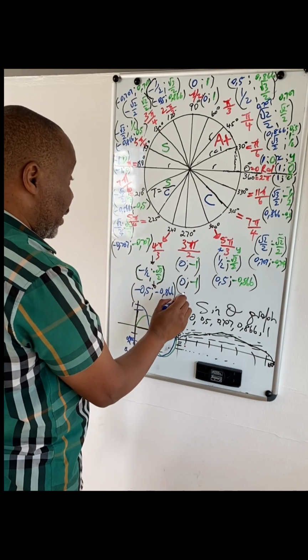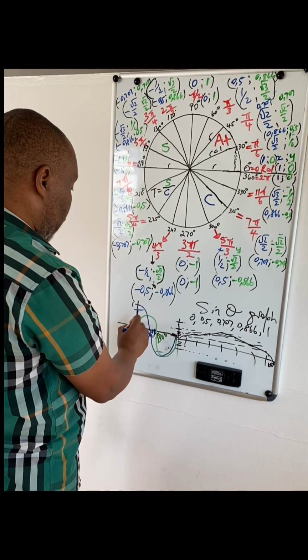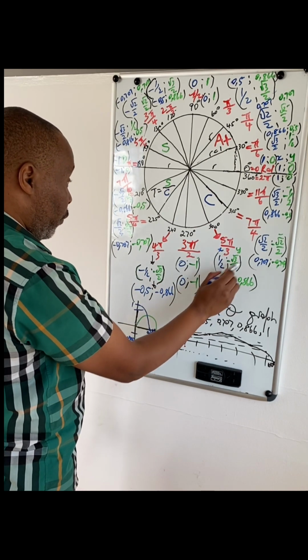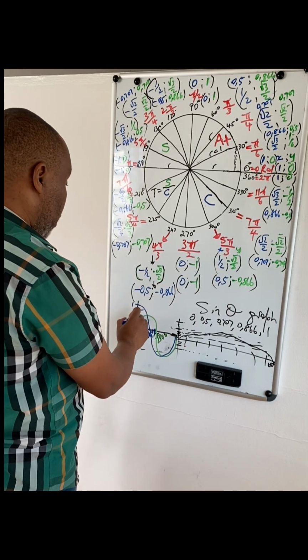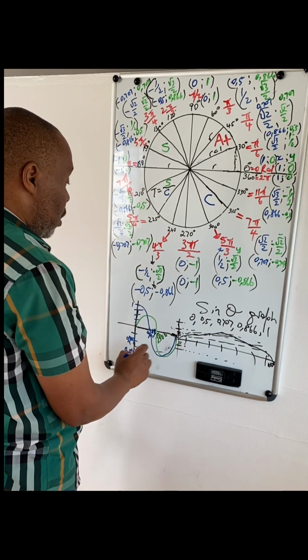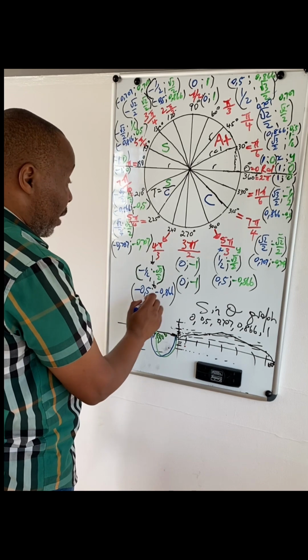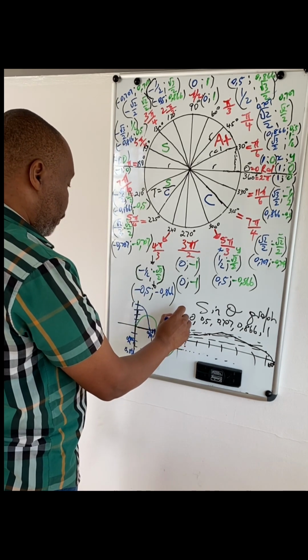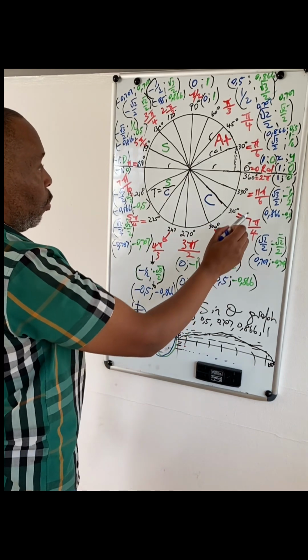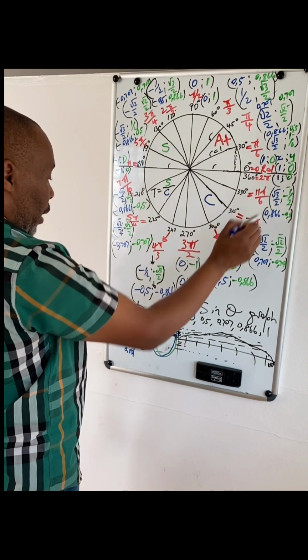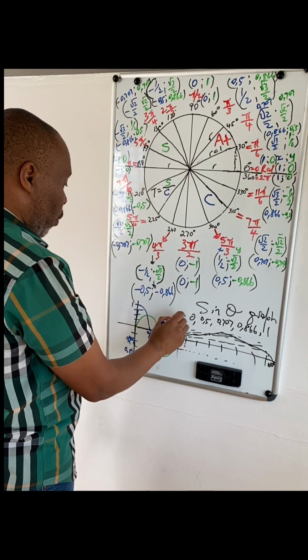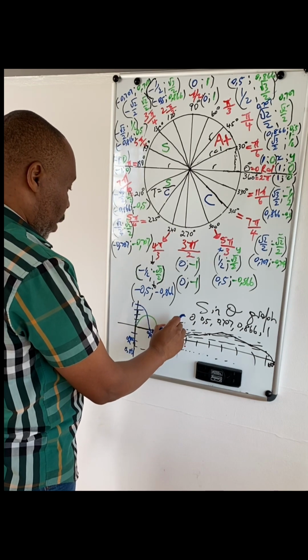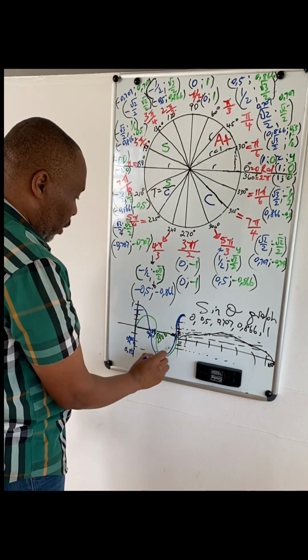At 270 it doesn't stop. It goes up to the positive half now, positive 0.707, positive 0.866, and then it comes like this. When it gets to 1, it stops. Just as it started at 1, it stops at 1.